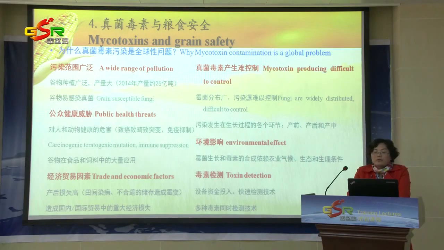That means mycotoxin production is difficult to control. Fungi are widely distributed and difficult to control, and many factors influence mycotoxins. So we must pay more attention to mycotoxins in grain safety.